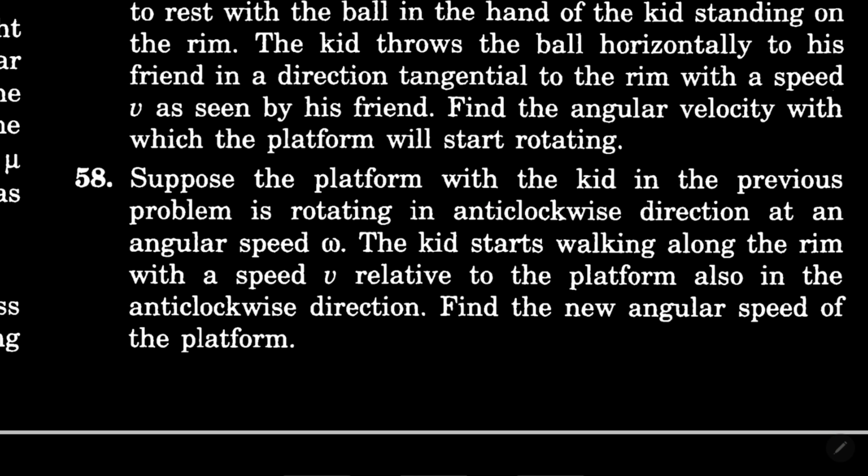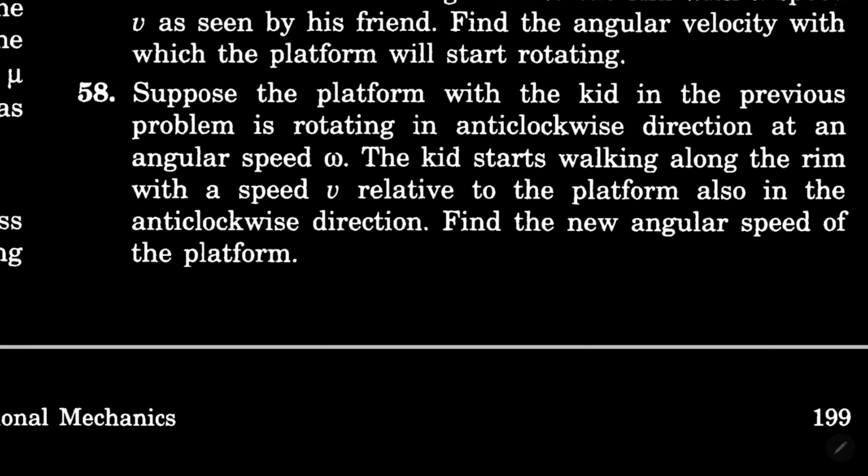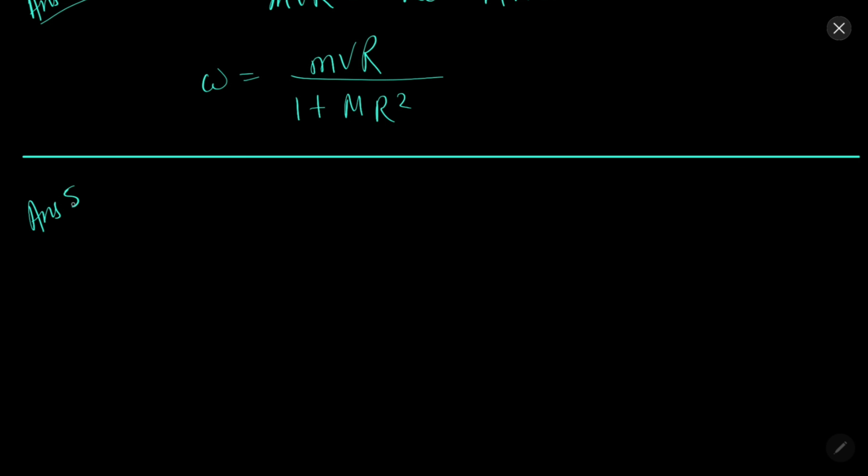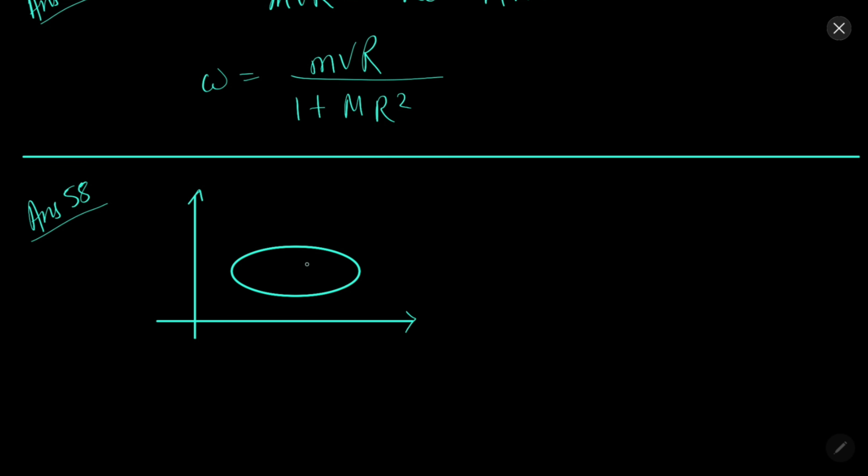In question 58, suppose the platform with the kid in the previous problem is rotating in the anti-clockwise direction. We need to find the new angular speed of the platform. So this is solution 58. So let me draw the diagram. So now it is like this, anti-clockwise.